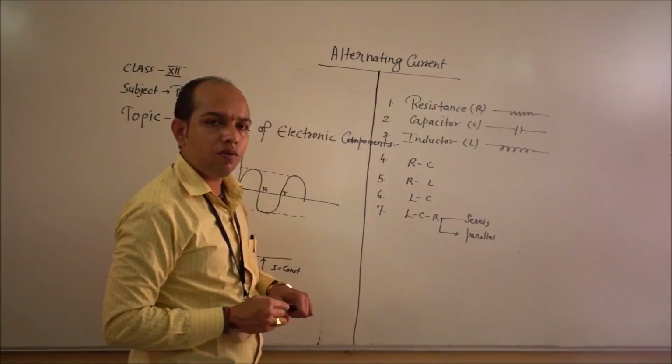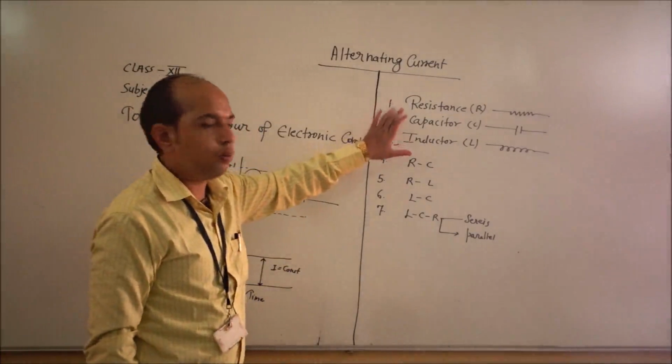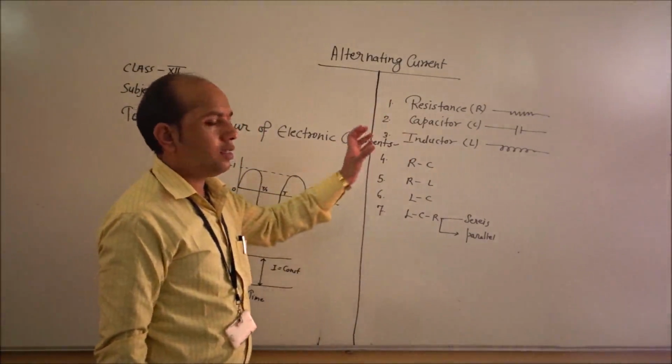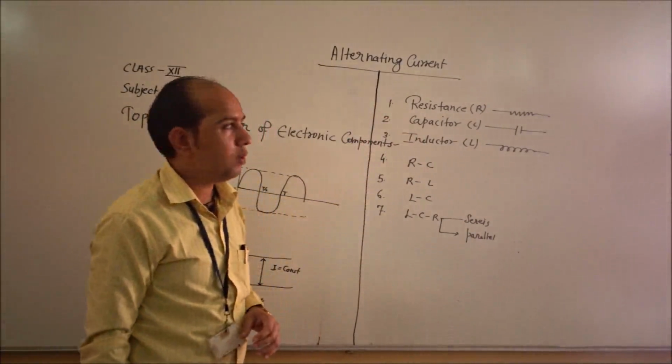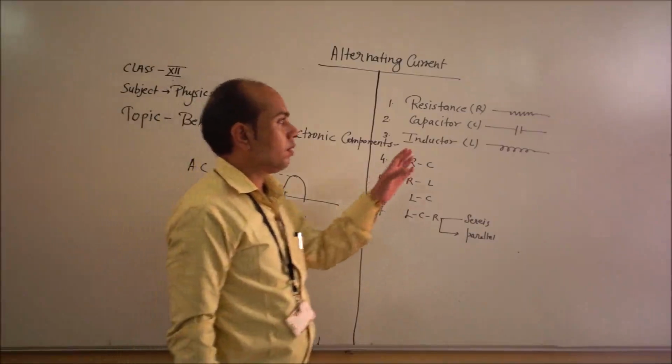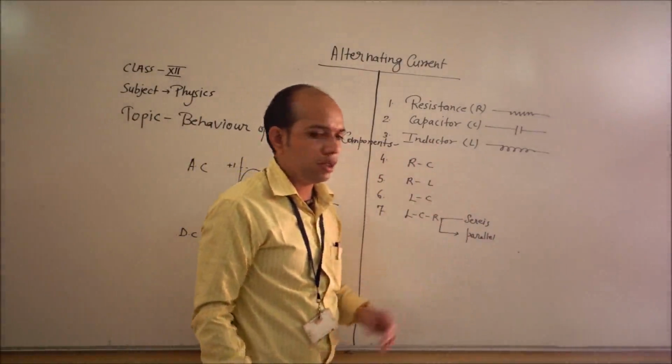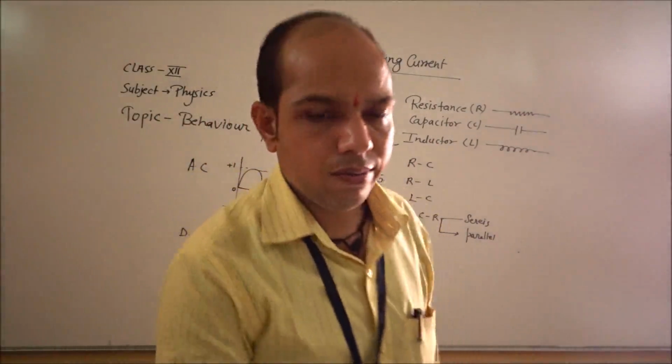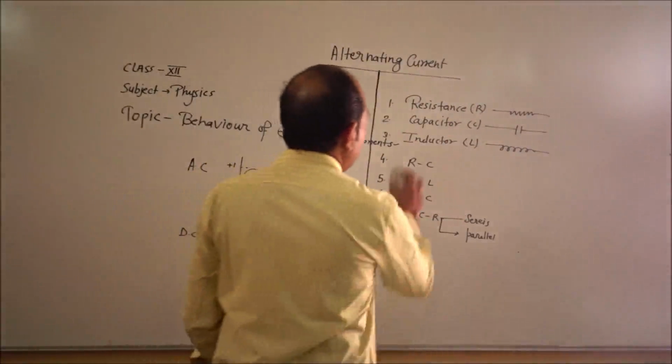What is the behavior of resistance when it is connected to an AC source? Similarly, when a capacitor is connected with an AC source, and an inductor, and their combinations. So first we start with resistance. What is the behavior of resistance?